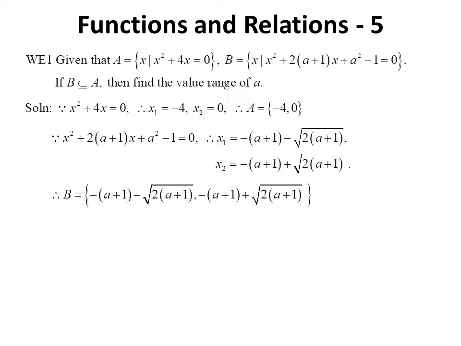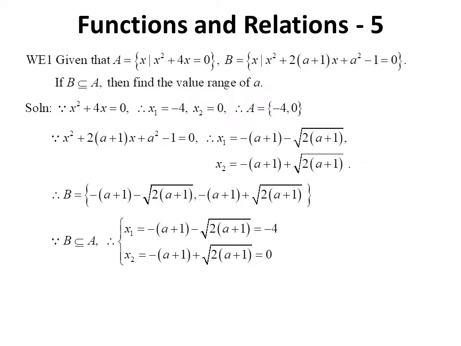Here, x sub 1 equals -(a+1) minus the square root of 2(a+1), while x sub 2 equals -(a+1) plus the square root of 2(a+1).